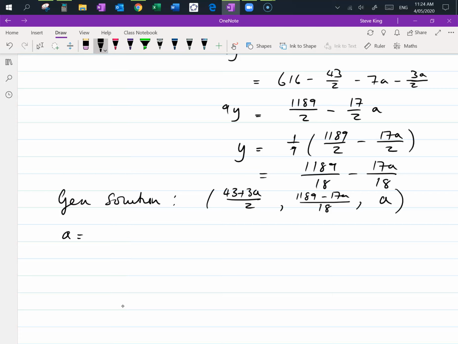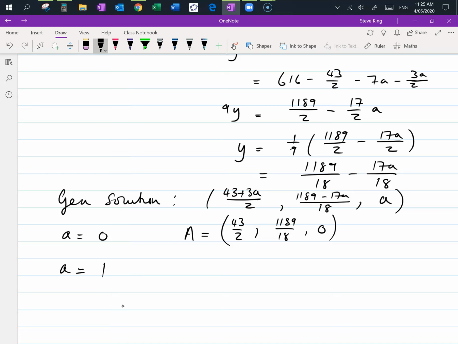The first of the easy points is to go and make a equals 0, in which case we're going to have the point, let's call it A, and that point is simply going to be 43 over 2, 1189 over 18, and 0. There's one point of intersection.